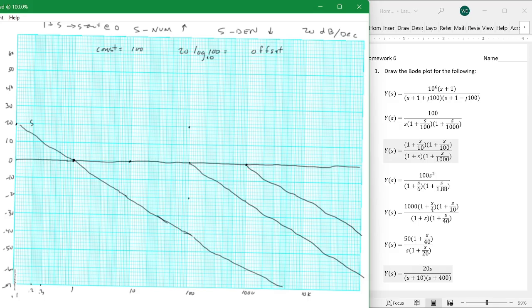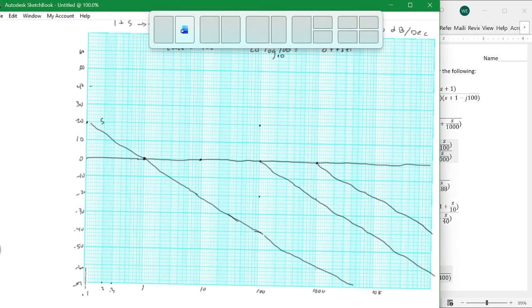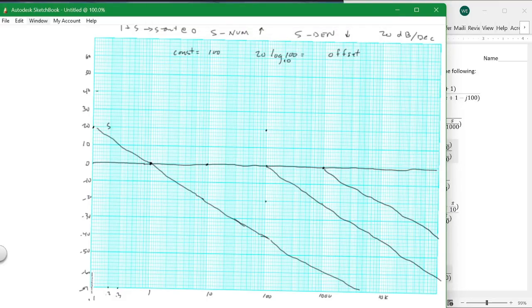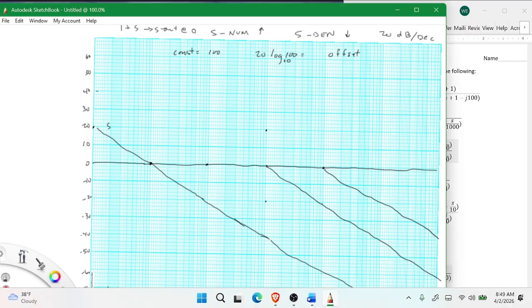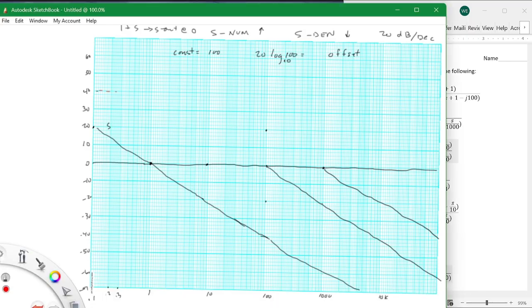So what is my offset? What's 2 times 20? It's 40. So I go up here, and this is my offset. Now I'll put my offset in a different color, just to make it a little more colorful. Let's put the offset in red.